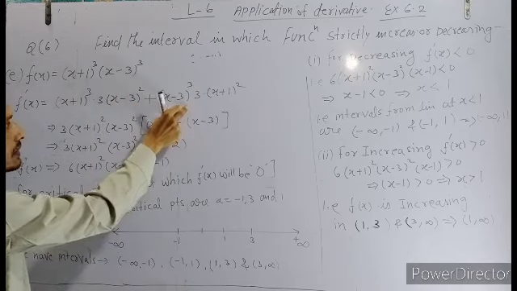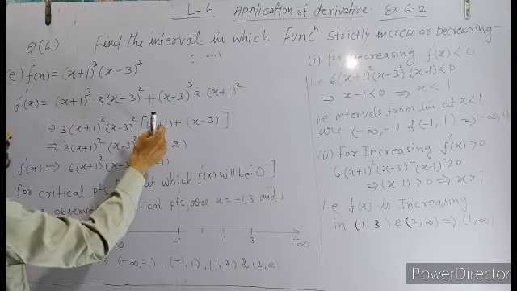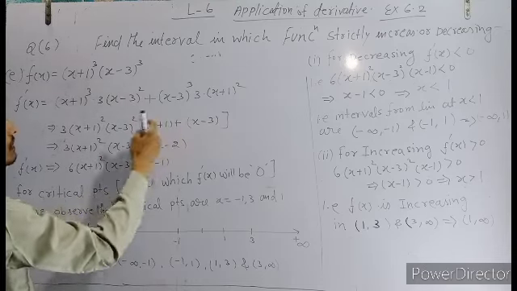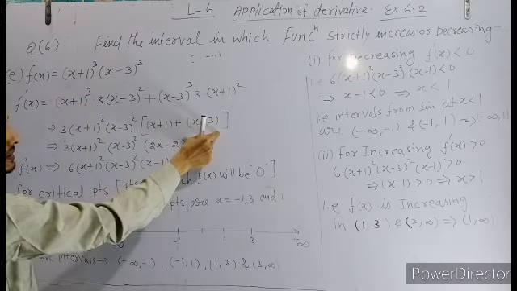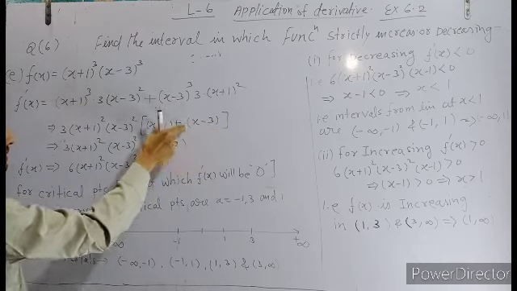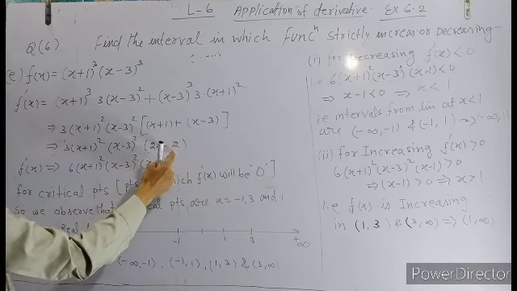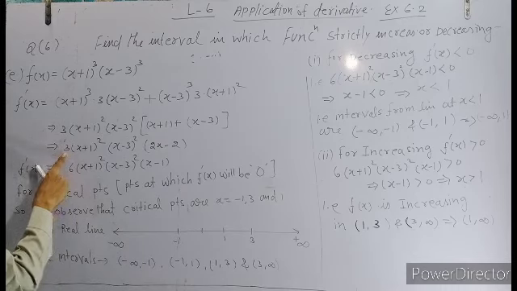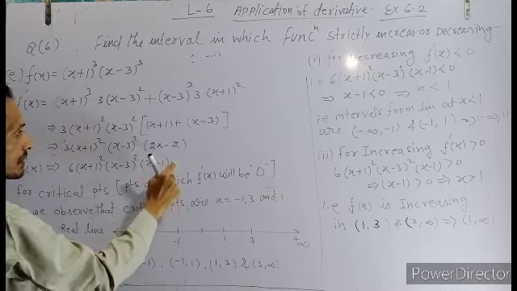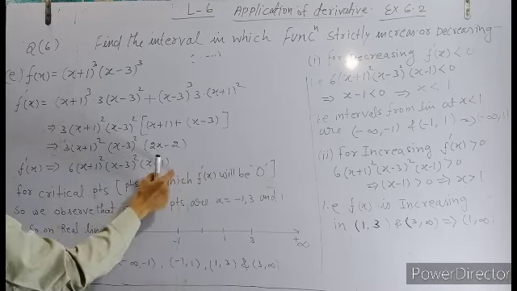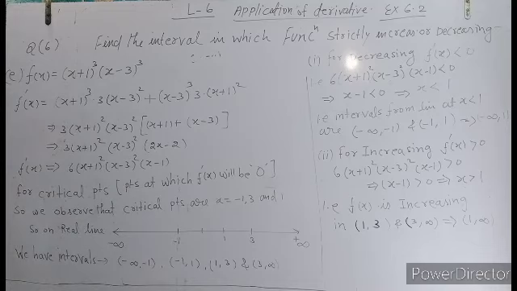The 3 is also common on both sides. What is left in the bracket is (x plus 1) and (x minus 3), so 2x minus 2, and 2 is also common. 2 times 3 is 6, so 6 comes in front. After simplification, you get the first derivative of the given function.